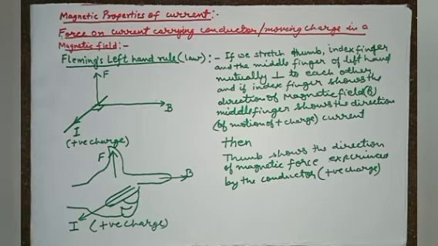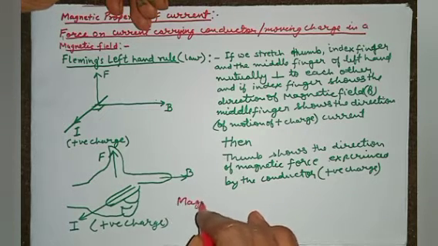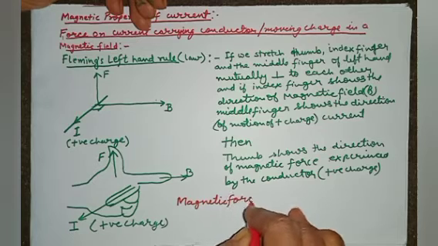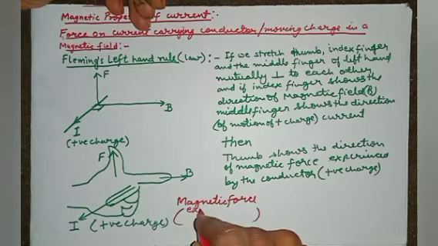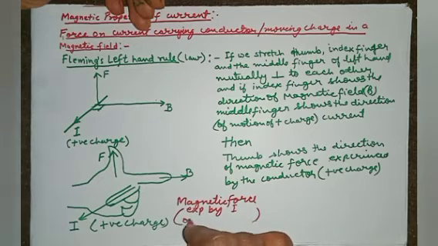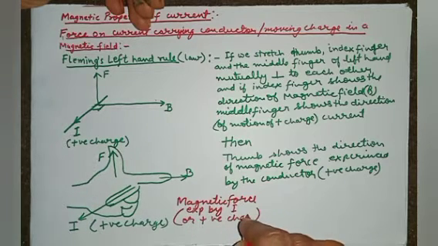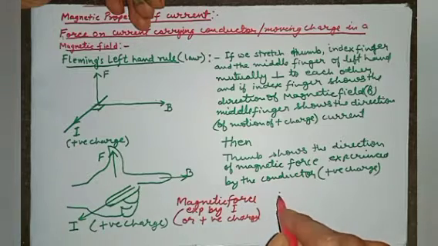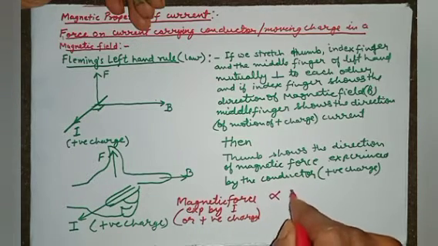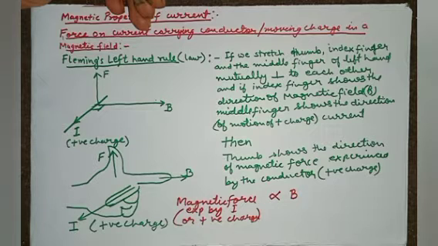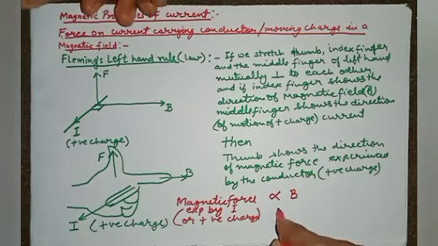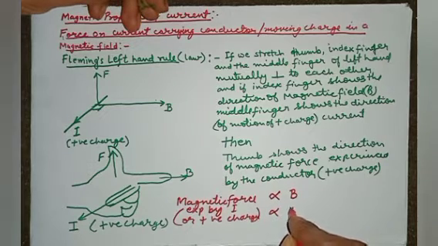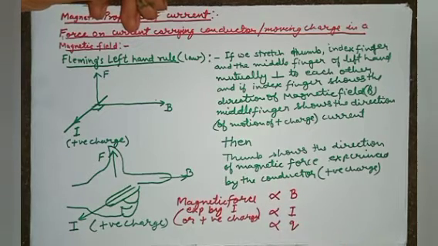Once again, this concept is beyond our syllabus, but remember that if someone asks about the strength of that magnetic force, then the magnetic force experienced by current or moving positive charge is directly proportional to the strength of magnetic field, and this force is also directly proportional to I in case of current, and directly proportional to charge in case of a moving charge.